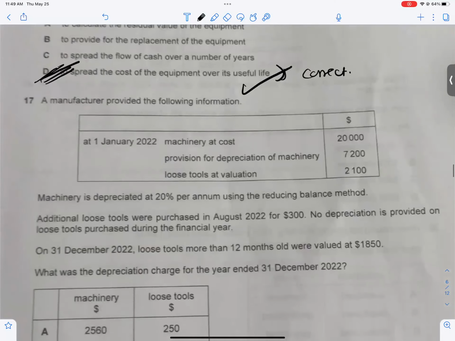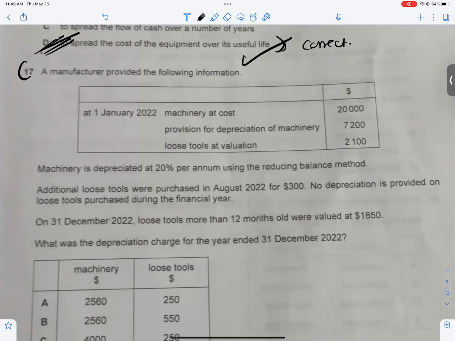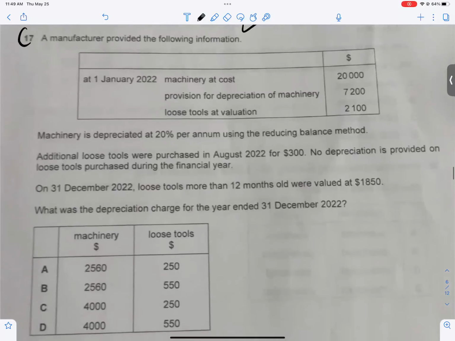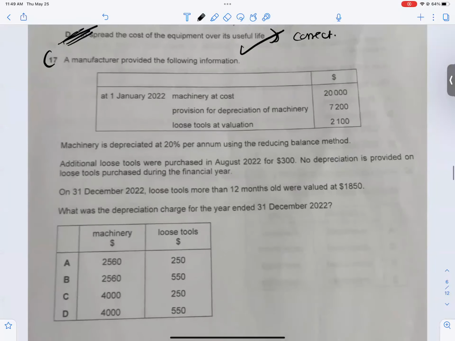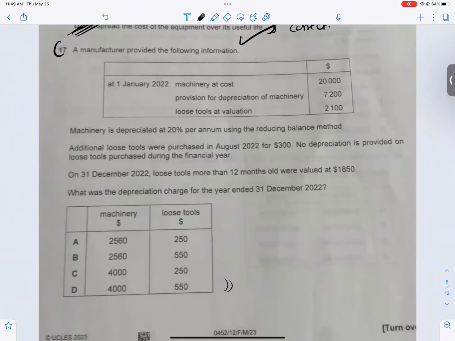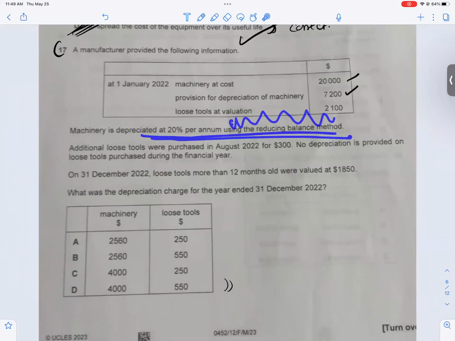A manufacturer provided the following information. Machinery at cost 20,000. Provision for depreciation of machinery 7,200. Loose tools at valuation 2,100. Machinery depreciated at 20% per annum using the reducing balance method.